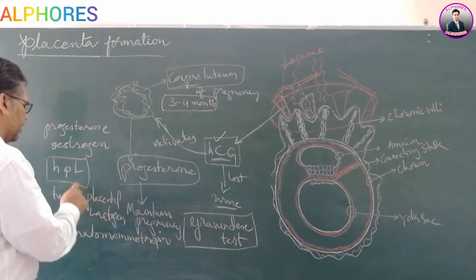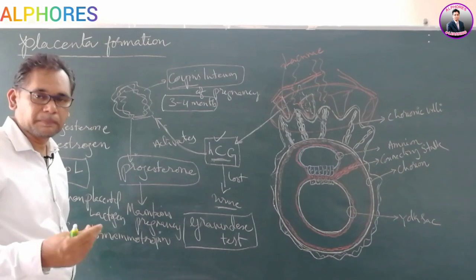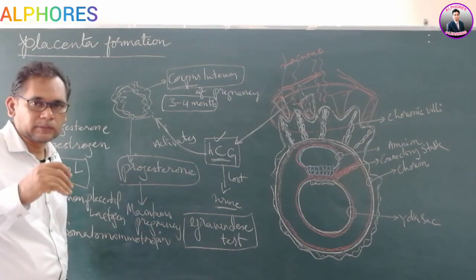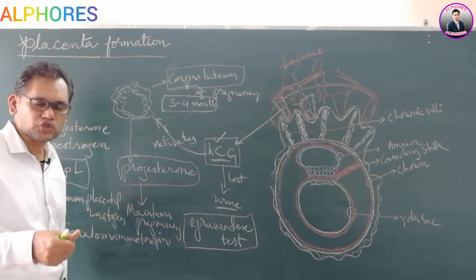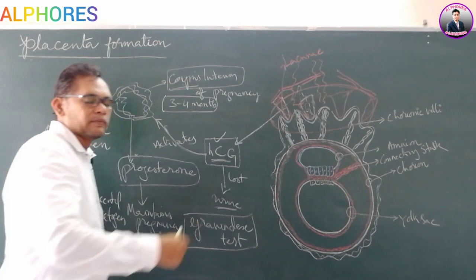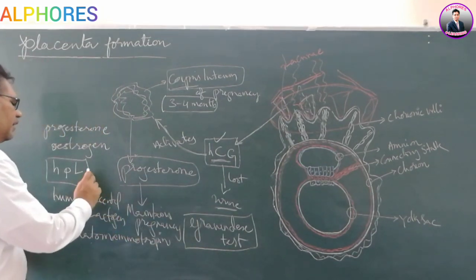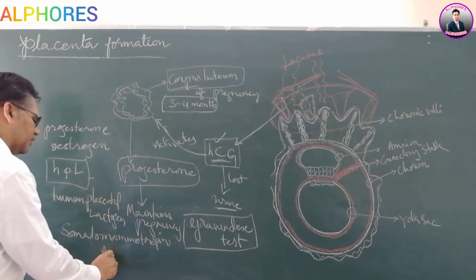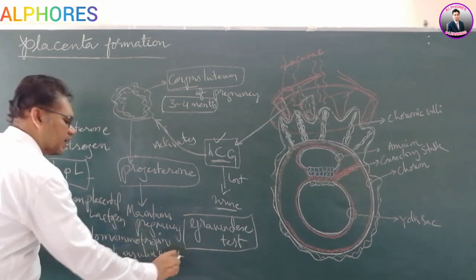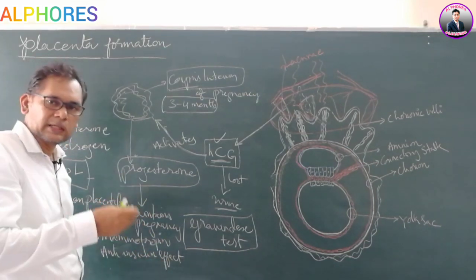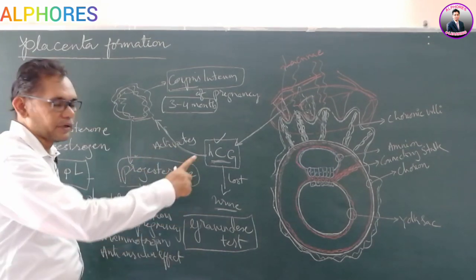Now this HPL or somatomammotropin has an anti-insulin effect. That means it increases the concentration of glycogen and lipids as well as proteins in the blood, so that they are made available to the growing embryo, later the fetus. Thereby it provides nourishment to the developing embryo.